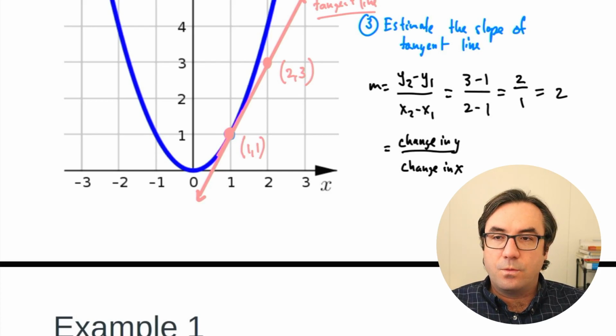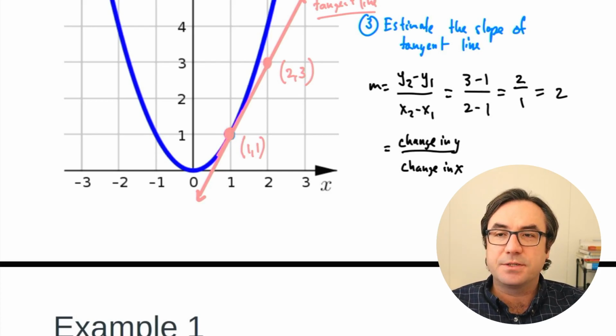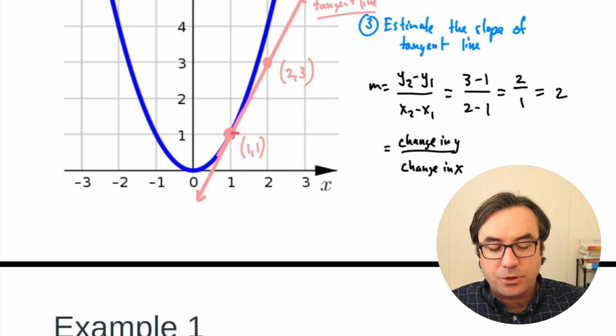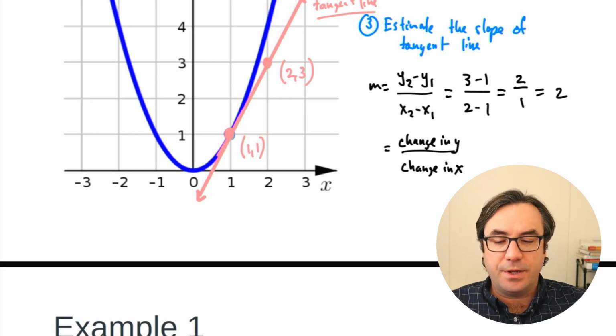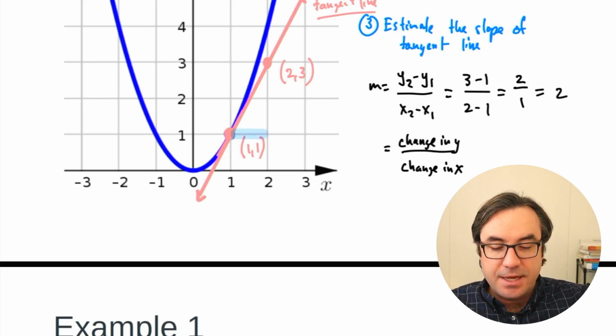If we're starting at this point and we want to make our way to this point, our change in x is we go over 1 unit. So our change in x is plus 1.